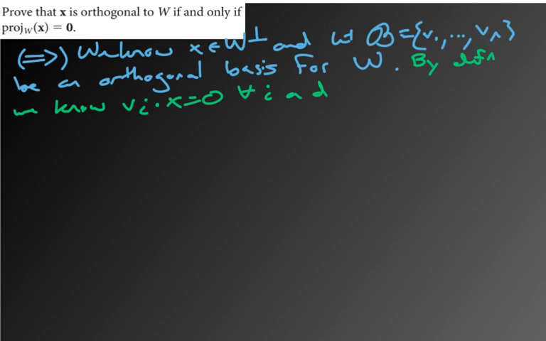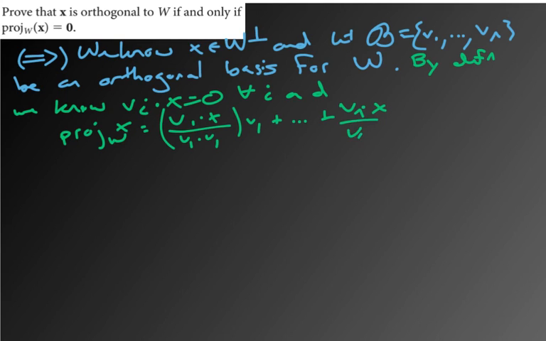We know by definition that the projection of x onto W equals v1 dotted with x over v1 dotted with v1 times v1, plus and so on, plus vn dotted with x over vn dotted with vn times vn.